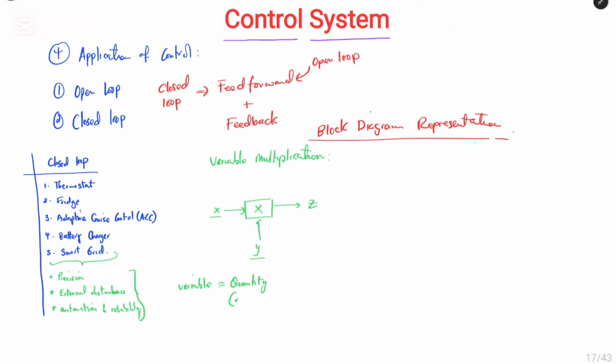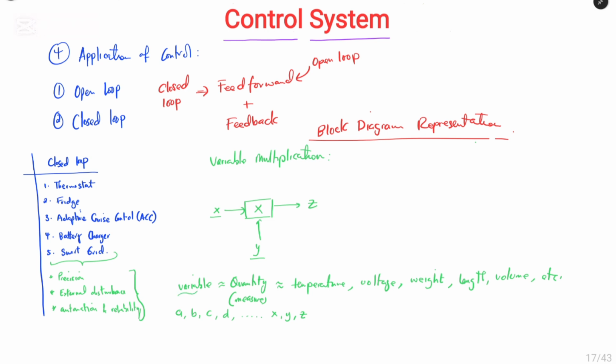And quantity is anything that can be measured. So the variable can be a temperature, it can be a voltage, it can be the weight, it can be the length, volume, and etc. And this variable can be represented as A, B, C, D, all the way to X, Y, and Z.